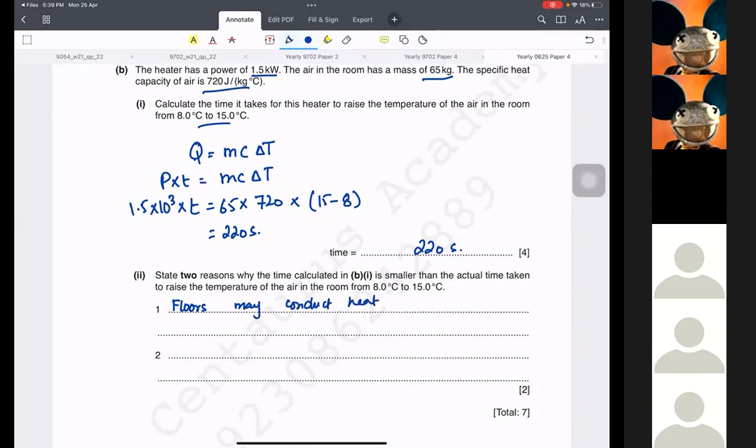So that would be one of the things. Also, there could be cold air entering from doors or windows, right? Could be that.